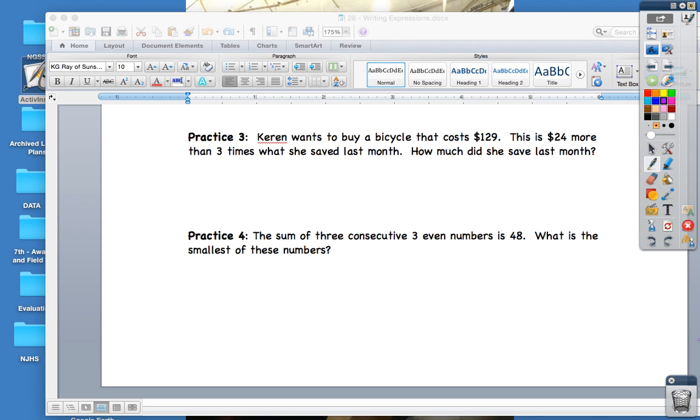Okay, so I'm going to give you some examples. 40, 41, 42. Are those numbers in order? Okay, which one of those numbers is the smallest number? 40. So let's say x. Let's make it green. X is 40. That's my smallest number.